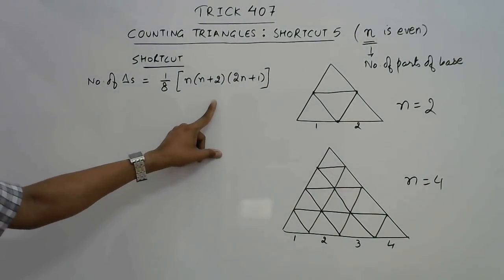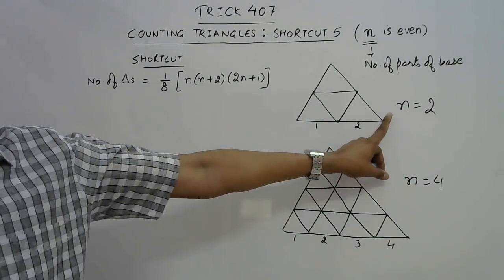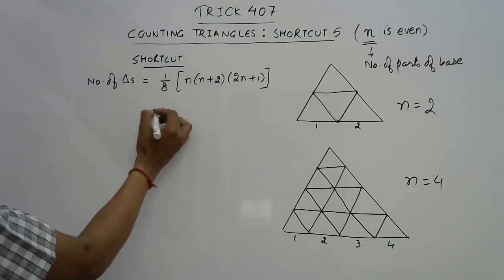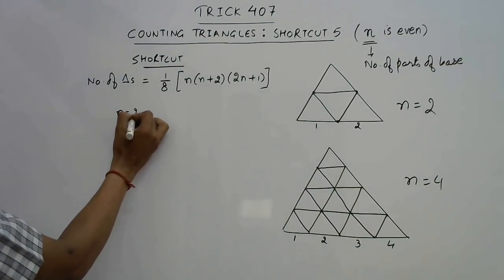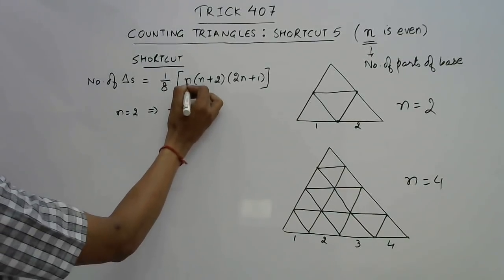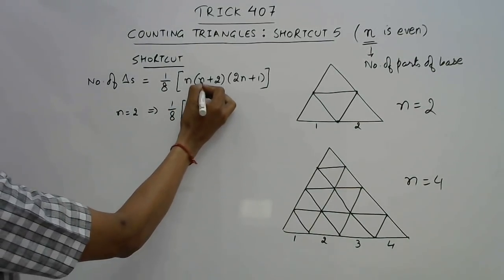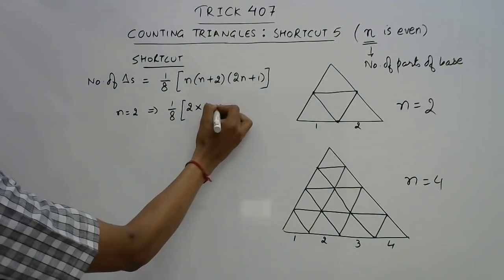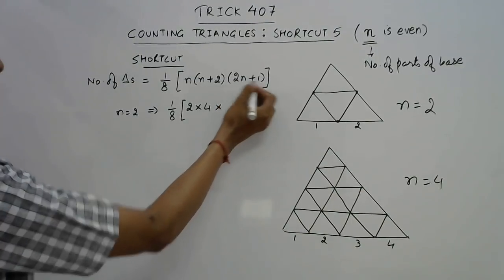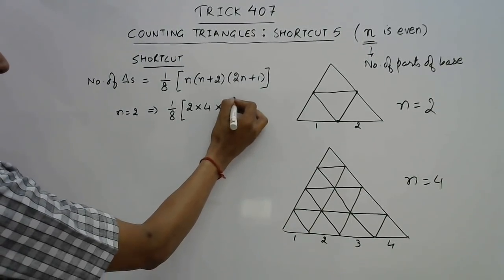Very interesting shortcut, and now you can test this shortcut for n equal to 2 and n equal to 4. Now in this case, when n equal to 2, the number of triangles is 1/8 of n, which is 2, so 2 plus 2 is 4, double of 2 is 2 into 2, 4, plus 1, 5.